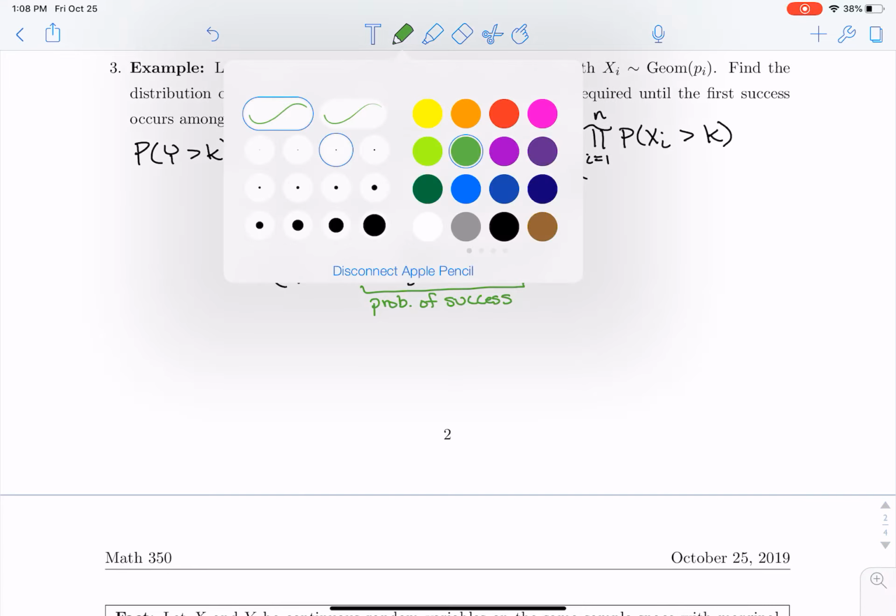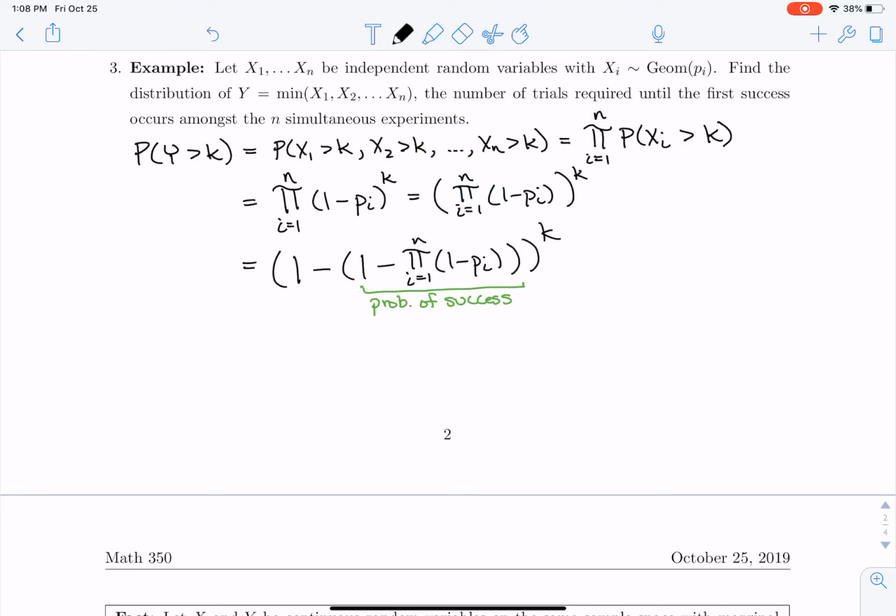So essentially, we can say that y is another geometric random variable where the success probability we're going to call r, and r is equal to 1 minus the product from i equals 1 to n of 1 minus p sub i.